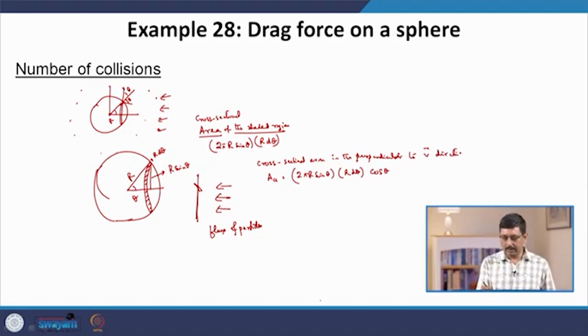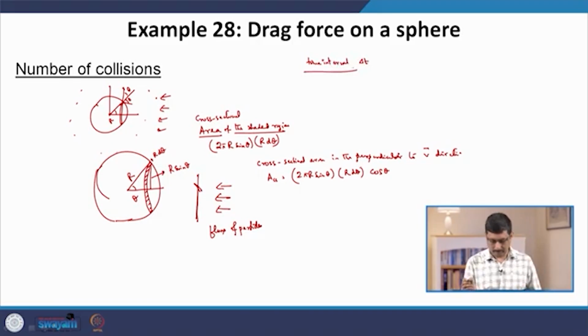Now, imagine that there are n particles in some volume. So, now we are looking at a time interval delta t. In this time interval delta t, all the particles are moving with speed v.